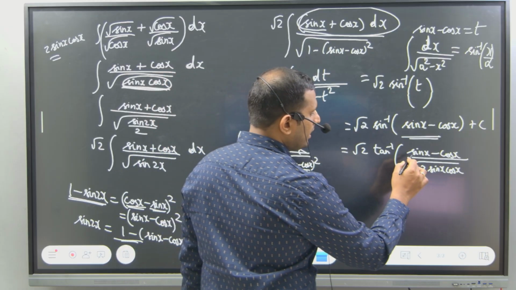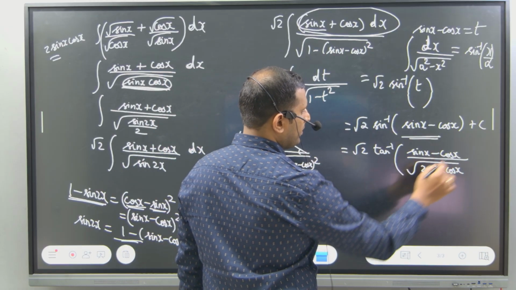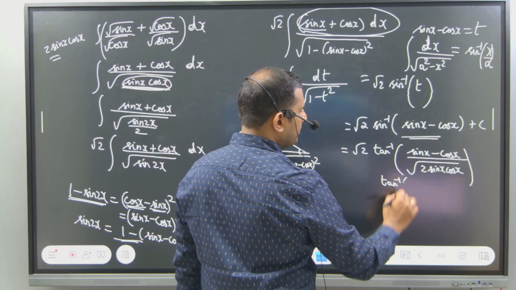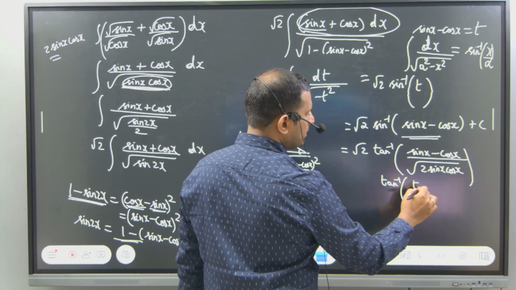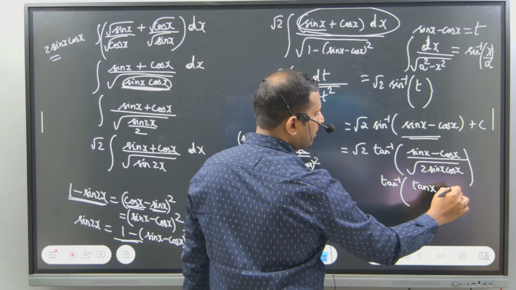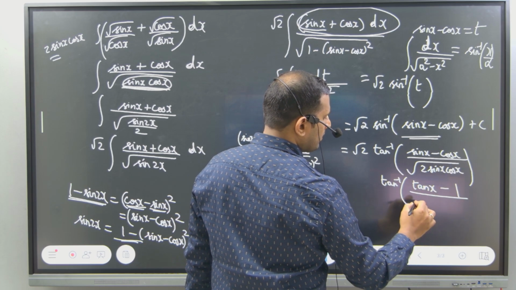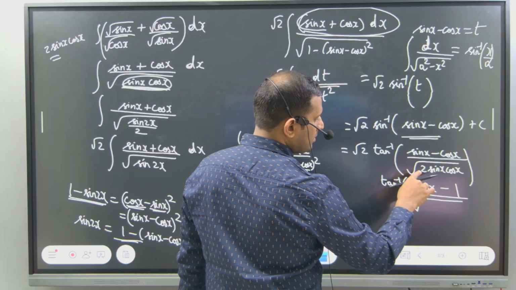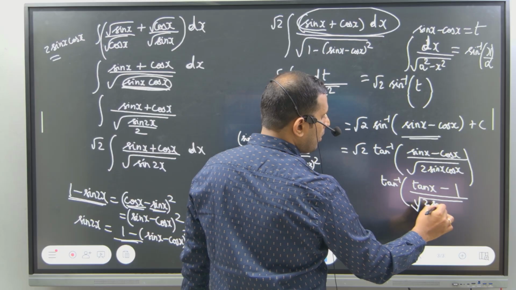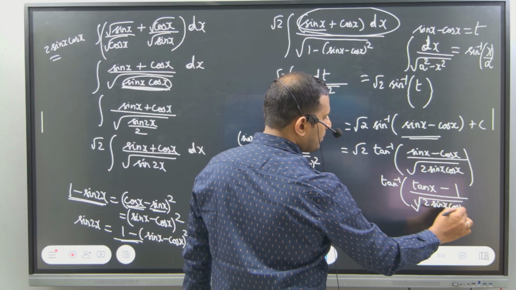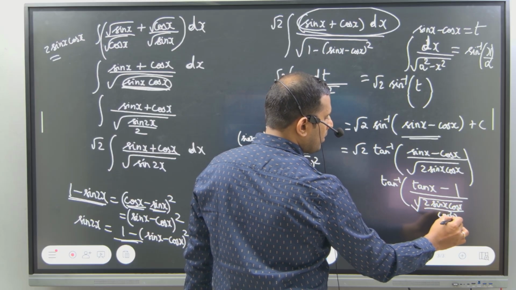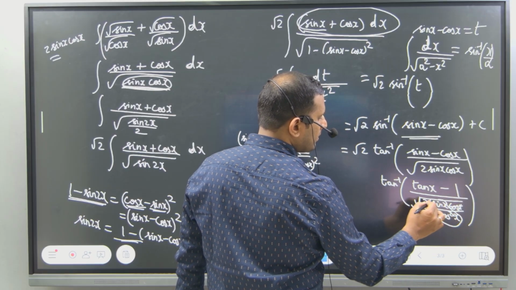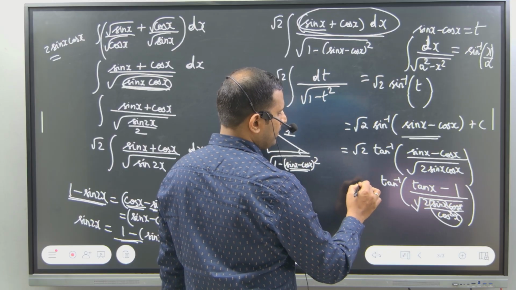Now divide every term by cos x. Sin by cos is tan. Cos by cos is 1. And here I should divide by cos x, but when it goes inside the root it will become cos square x. So one cos x cancels. What remains here is tan. Are you clear?